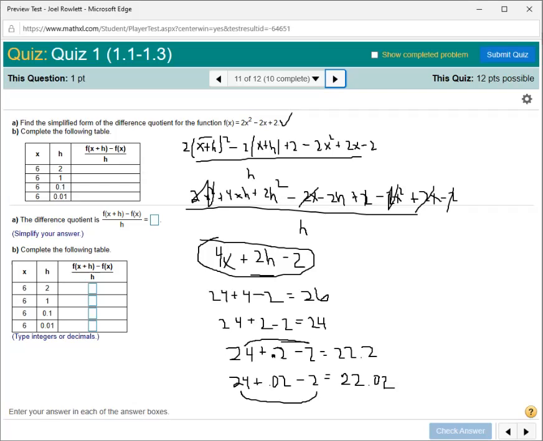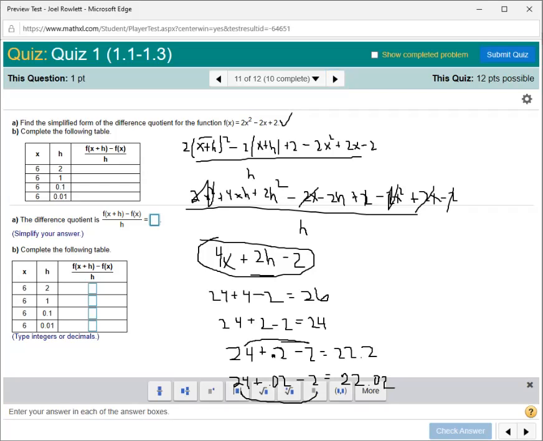Okay. So let's put the answers in and see what happens. For the difference quotient, we figured out the answer is 4x plus 2h minus 2. And using that information, we got the following answers, right?